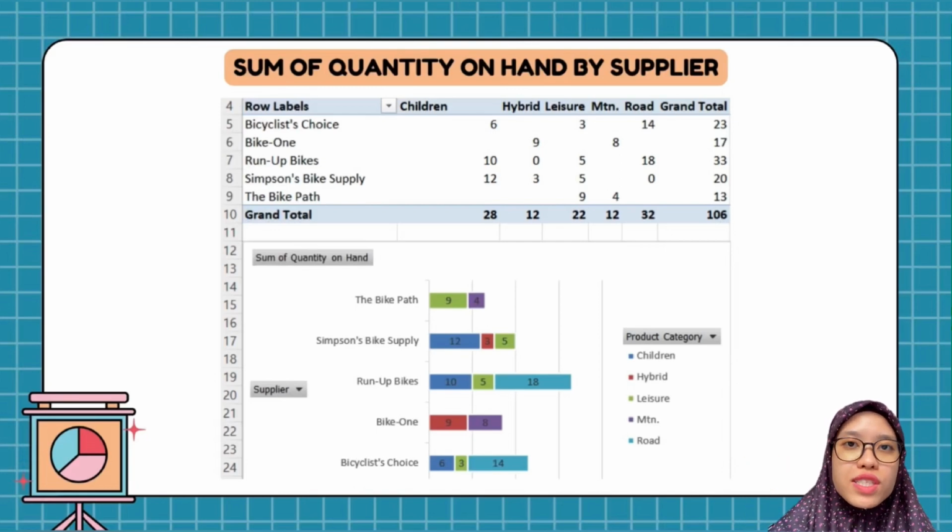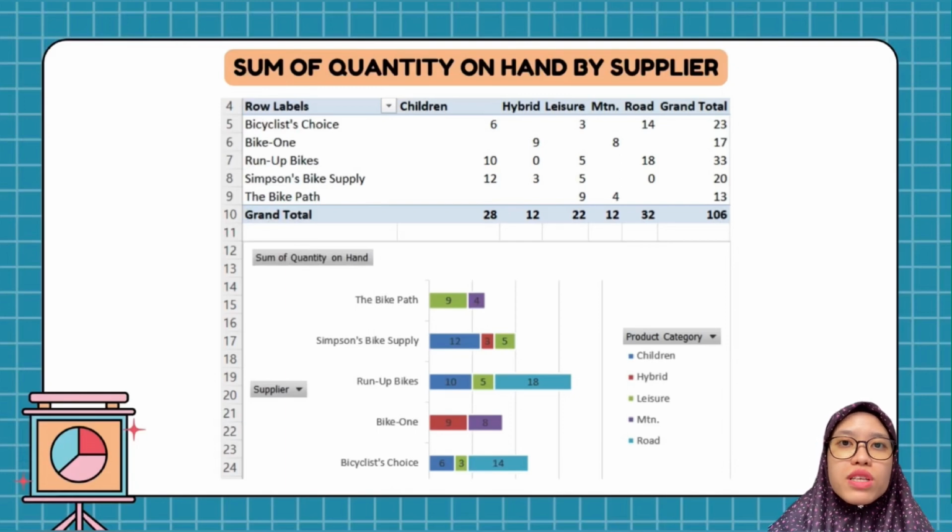The first supplier is Bicyclist Choice, which has 23 bicycles, and Bike One, which has 17 bicycles, Run Up Bikes, which has 33 bicycles, Simpsons Bike Supply with 20 bicycles, and last but not least, the Bike Path has 13 bicycles.